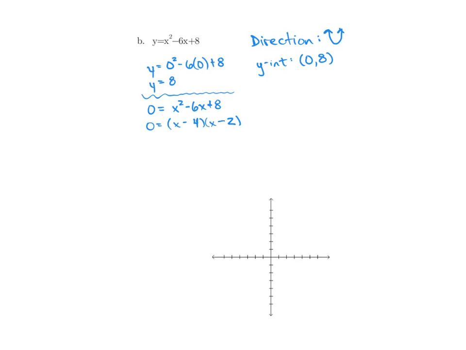I can set both of these equal to 0 and solve each equation, giving me x equals 4 and x equals 2. So my x-intercepts in point form are (4, 0) and (2, 0).